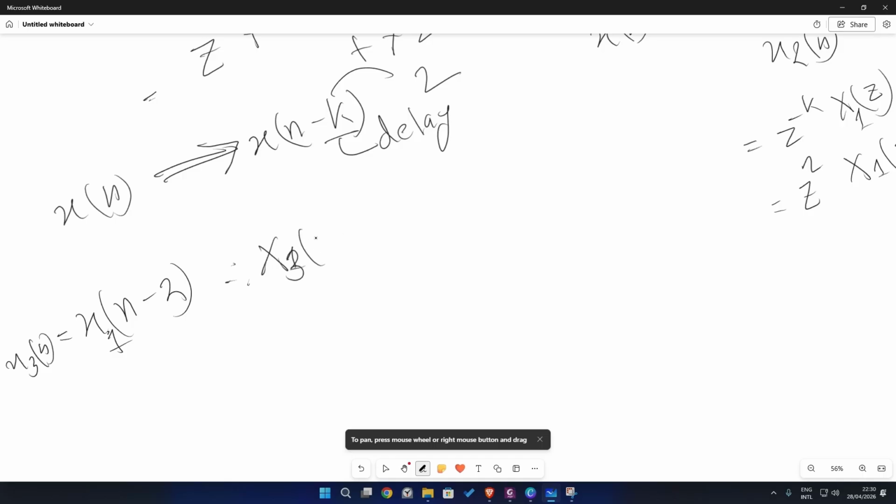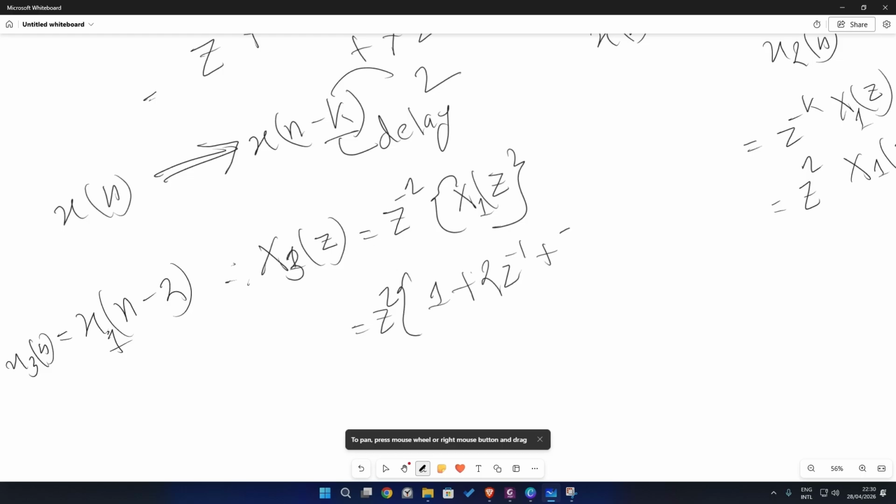So the z transform X3(z) will be z to the power minus 2 times X1(z). If we put in the values from the previous answer, 1 plus 2z inverse 1, then we get the final answer here.